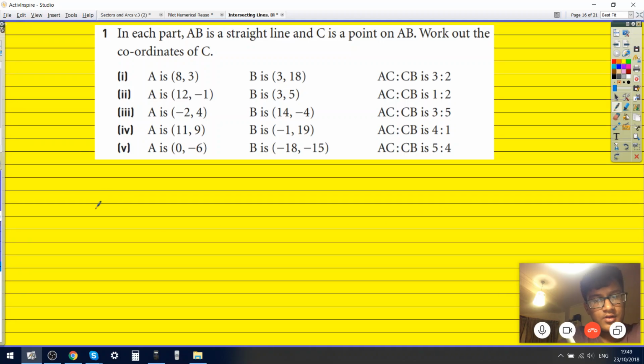So 0, 6. Then 0 minus 6. B is minus 18, minus 18, minus 15.